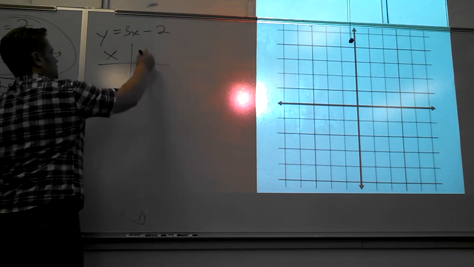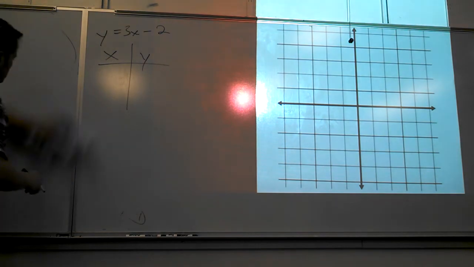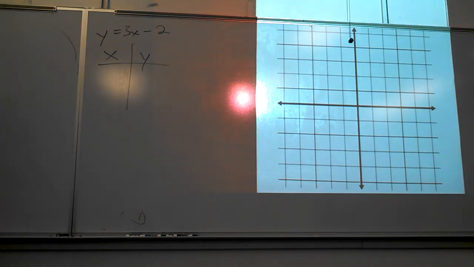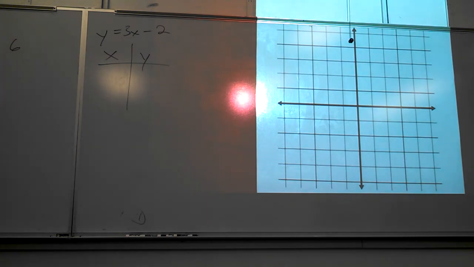Alright, guys. Let me take a step back. You guys look at this equation here. This is not in the same format, but this is not a bad one to just think about in general.